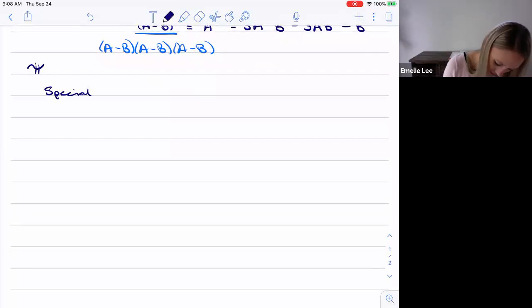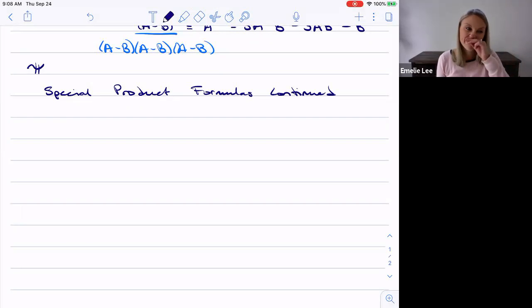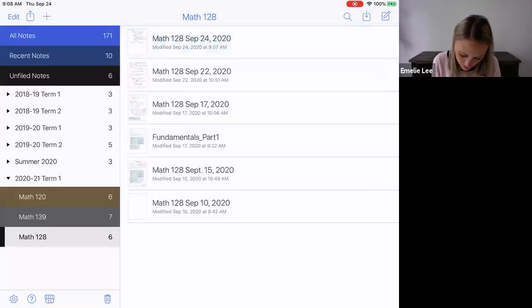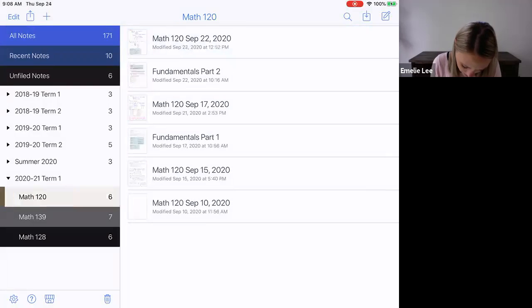Special product formulas continued. Product formulas continued. So where do I have these little tidbits? Oh, I had to move them over here.